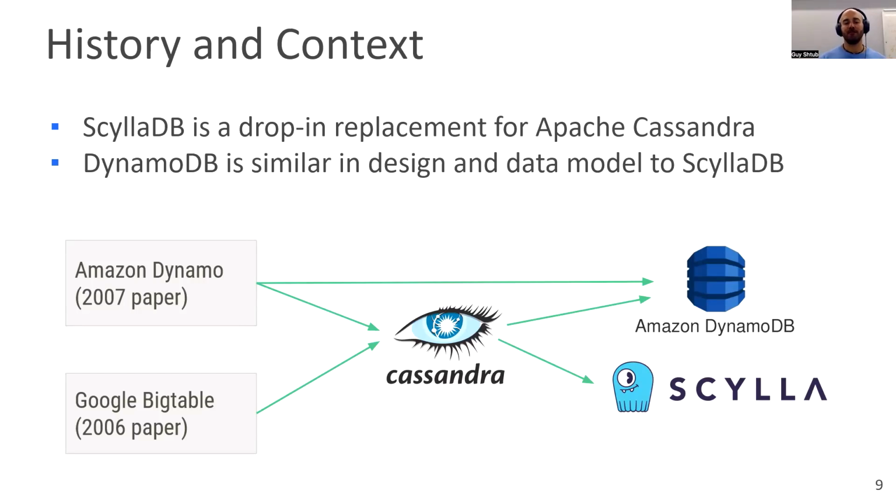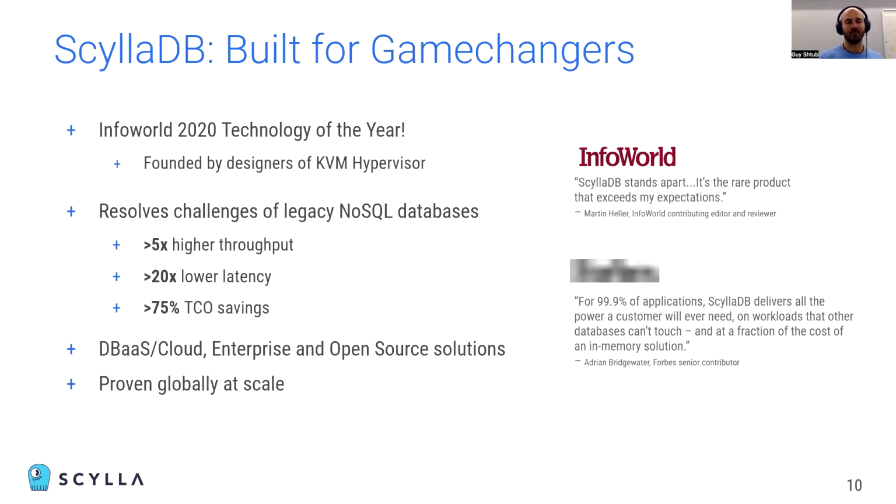And if you have an application that's currently using Apache Cassandra, you can take your application as it is and change the underlying database to use ScyllaDB instead of Cassandra, and you wouldn't need to change pretty much anything else. You could use your application as it is, but you would get many benefits by using Scylla. And maybe I'll talk about that in just a bit. And the same goes for DynamoDB.